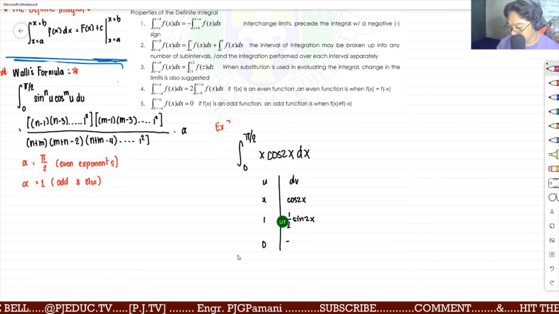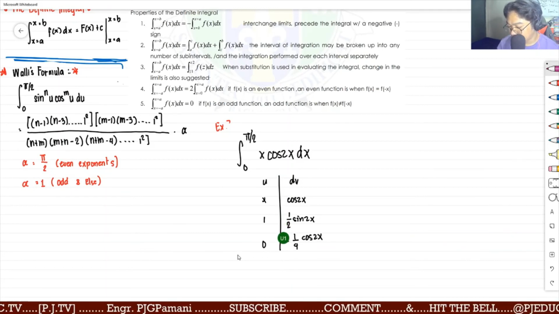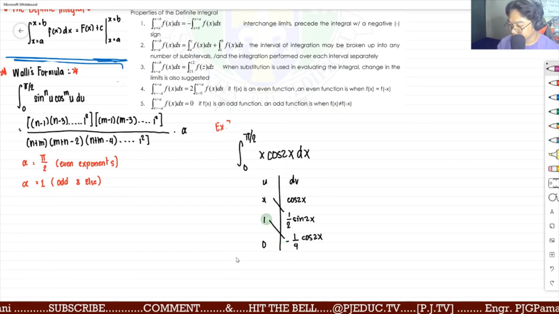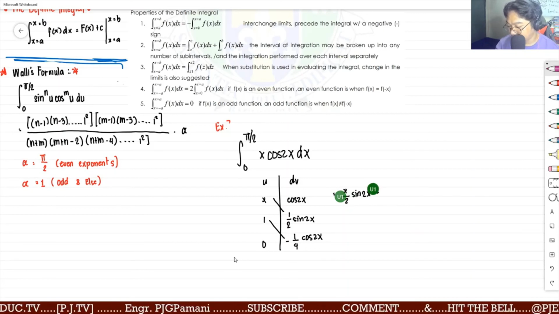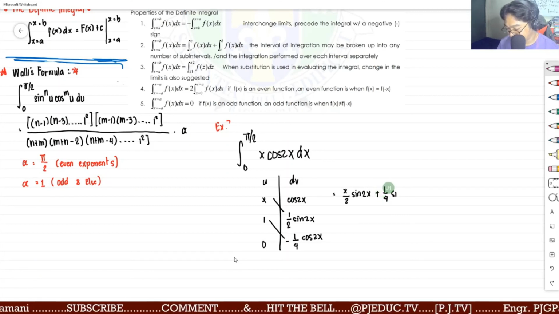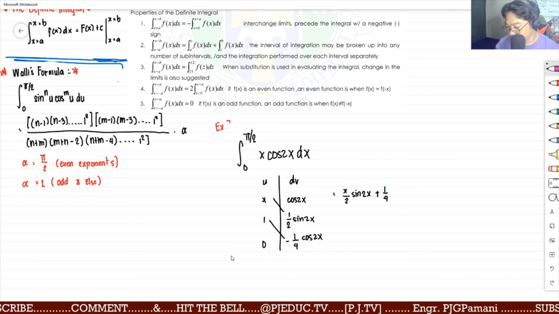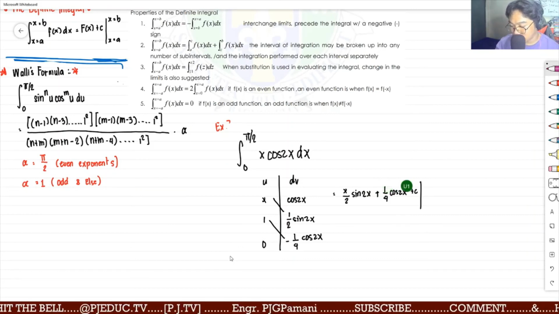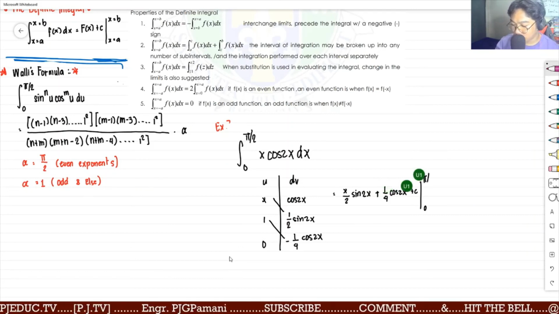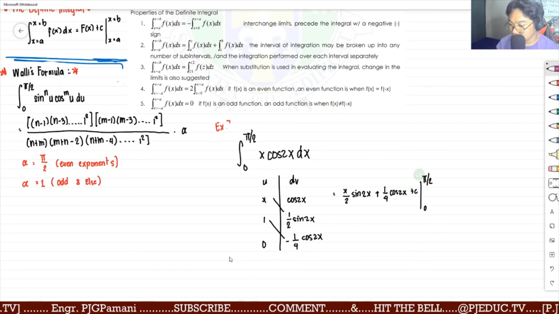Integral minus 1/4 cosine 2x. That is now equal to x over 2 sine 2x plus 1/4 of cosine 2x plus c, with lower limit of 0 and upper limit of pi over 2.